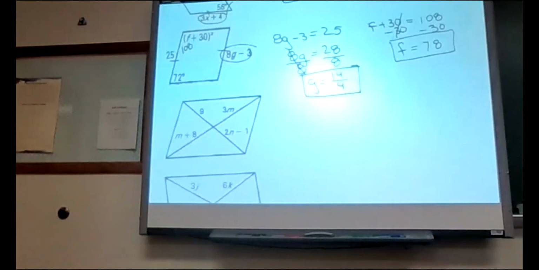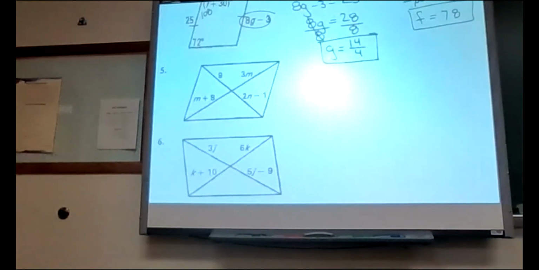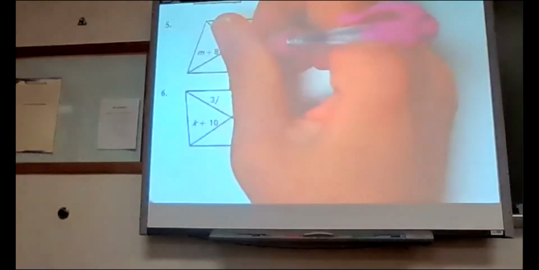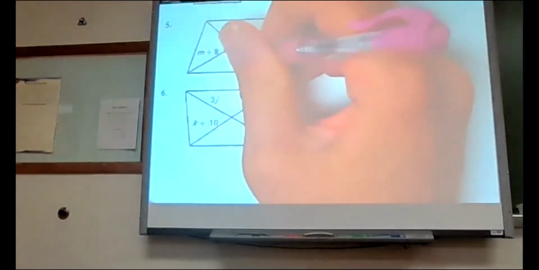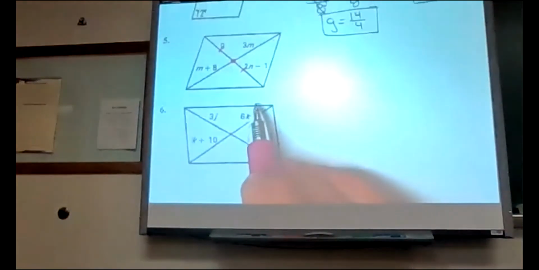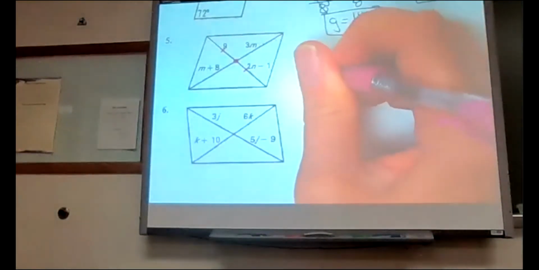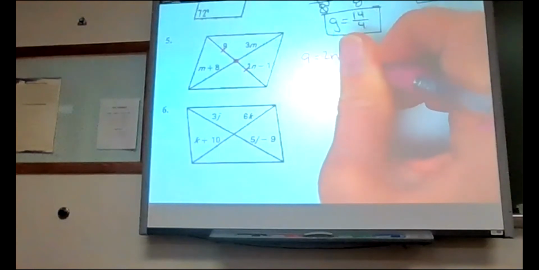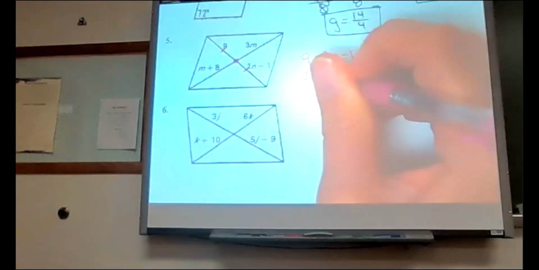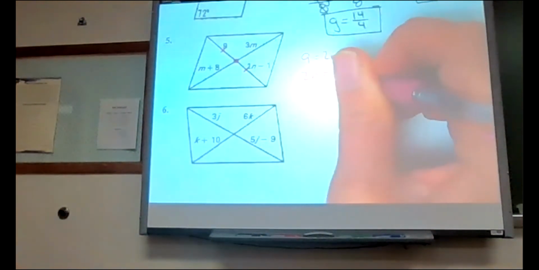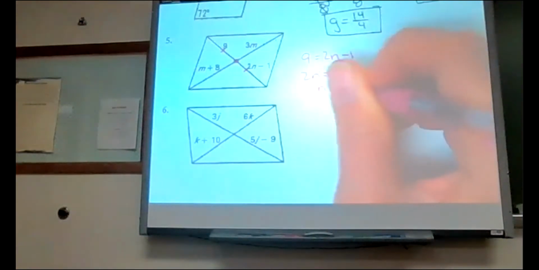Then we get to our diagonals. The parallelogram property is that our diagonals bisect each other, meaning that at this point, it's cutting this diagonal into 2 equal parts. So I know that 9 equals 2n subtract 1, or 2n equals 10, and n equals 5.